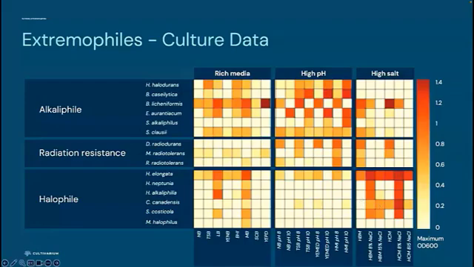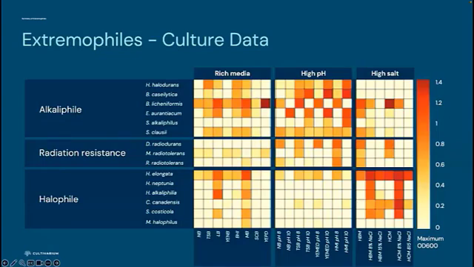The yellow boxes convey low growth, whereas the red boxes convey high biomass achieved. And as expected, the alkaliphiles thrive in alkaliphilic media with high pH, whereas the halophiles thrive in halophilic media containing high concentrations of salts.